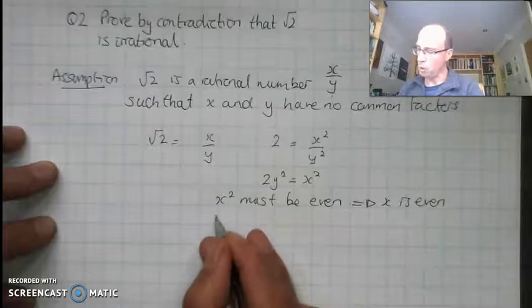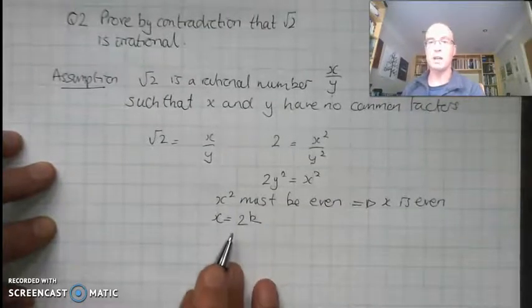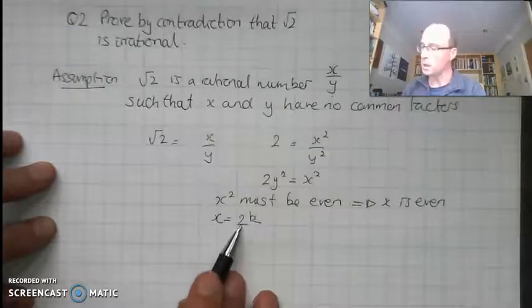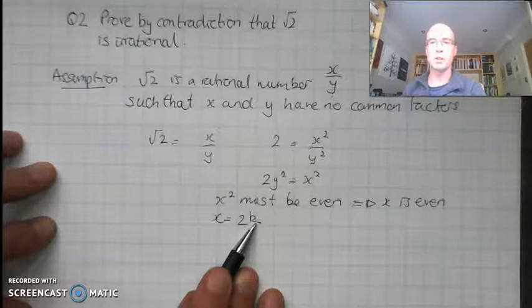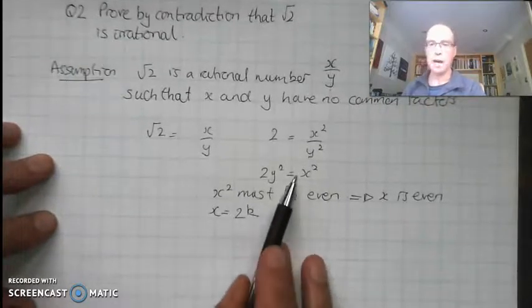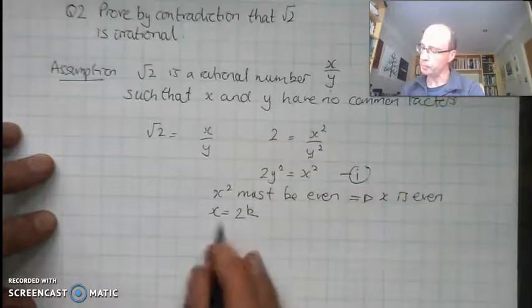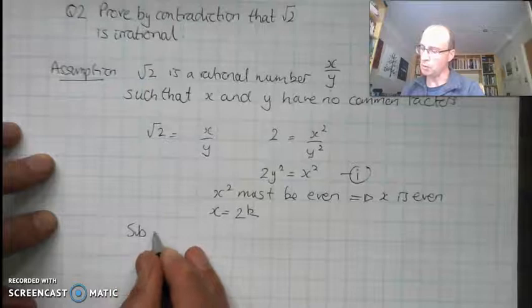So if we call x equal to 2k, again I don't know what the value is, but I know it's an even number, so I know I can write it as a multiple of 2 times another integer. So x is equal to 2k. We can then substitute that back into this equation here. Let's call it number 1. So we sub that into 1.